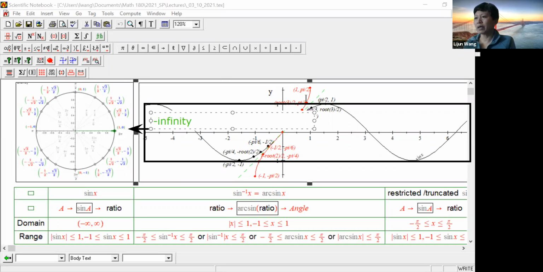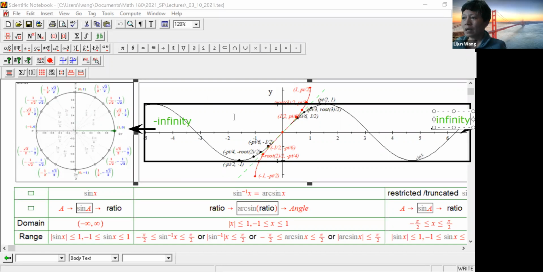And in the other direction, it keeps going to positive infinity. So this black box does not box the domain of sine. I'm just using this as an example. Horizontal indicating the domain is from negative infinity to positive infinity. Do you guys follow me?